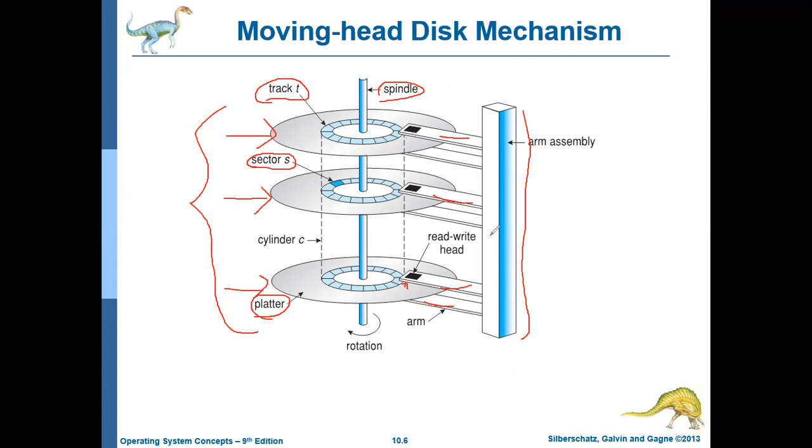You have an arm assembly, and the arm assembly is connected with multiple arms. At the end of the arm, you have the head, and then there is a spindle which holds all the platters. These platters are logically divided into tracks, and each track is further divided into segments called sectors.